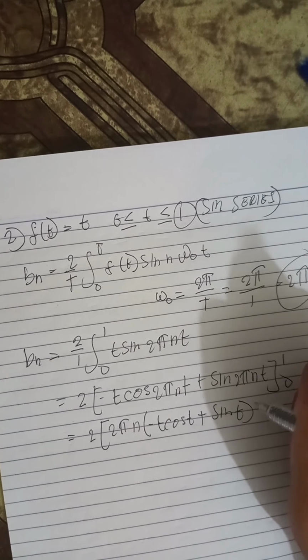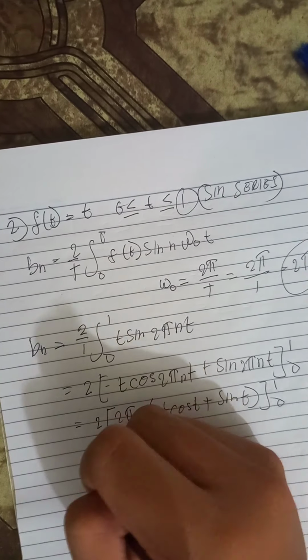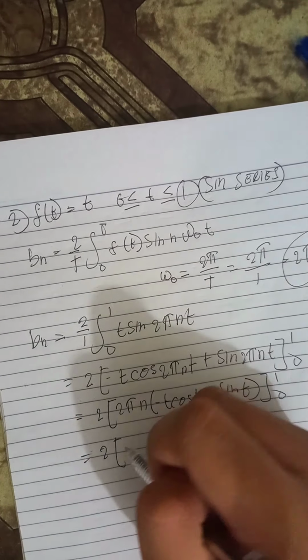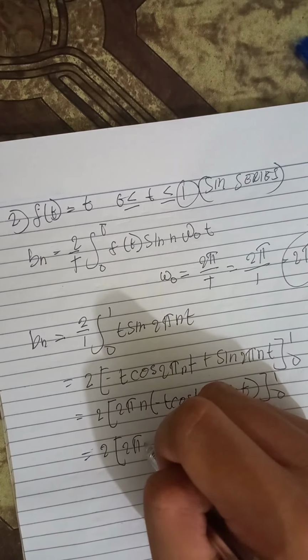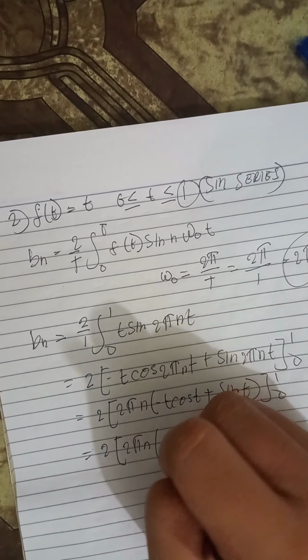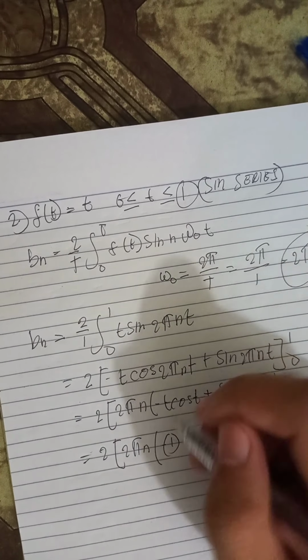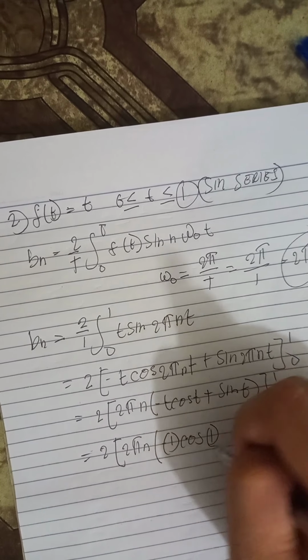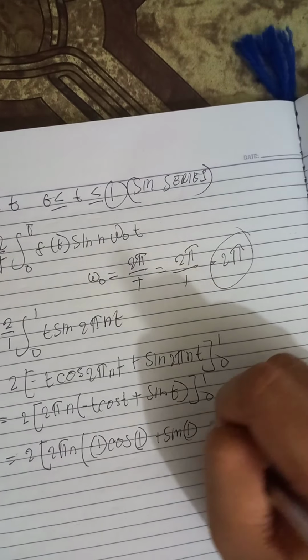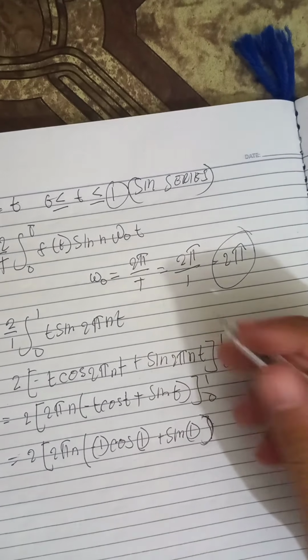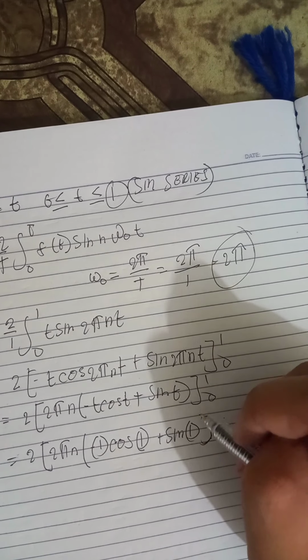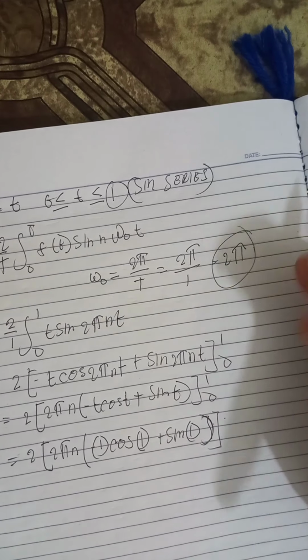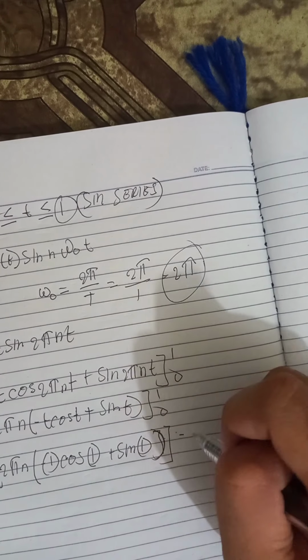First we factor out 2 times 1/(2πn) times negative t cos t plus sin t to the limit of 0. So distribute the value of 1 into t, and then minus the value of 0.